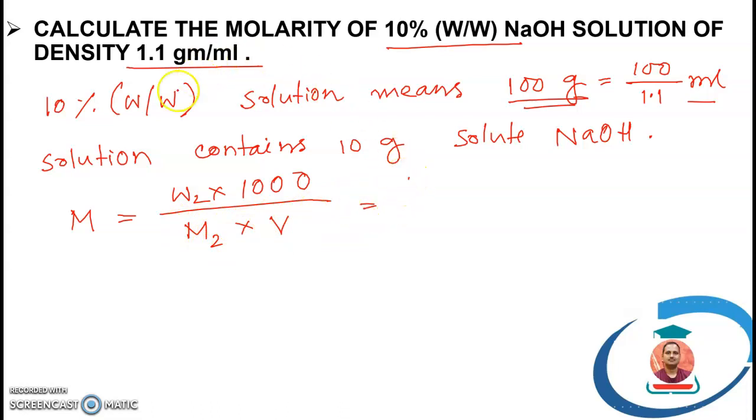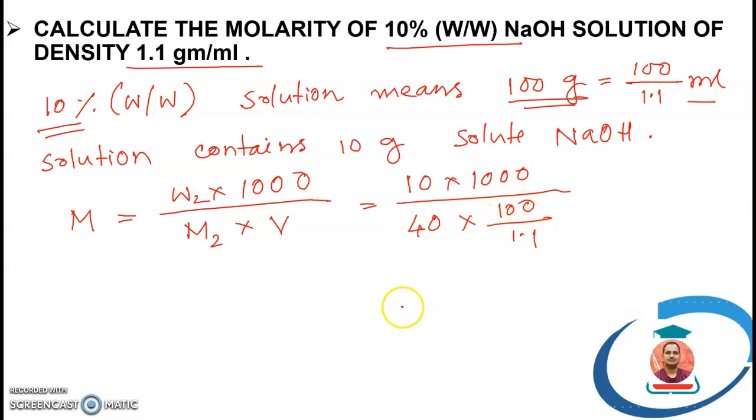Here it is 10%, so 10 gram: 10 into 1000, divided by the molecular weight of the solute. The molecular weight of sodium hydroxide is 40, into the volume, which is 100 by 1.1. After calculation, it comes to 2.75 molar. So in this way we can solve this numerical.